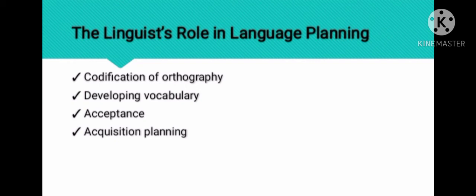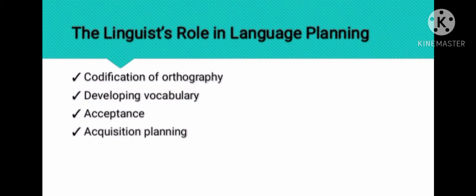It includes forms of spelling, hyphenation, capitalization, word breaks, emphasis, and punctuation. In the past, the church was the main influence on the written form of unwritten languages when they translated the Bible into them. Missionaries were good linguists whose job was to produce a spelling system that reflects the pronunciation of the language.